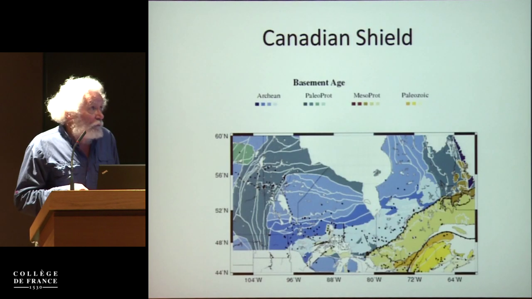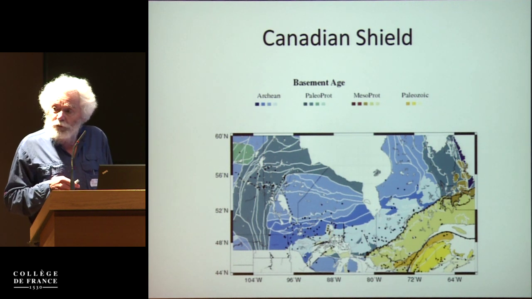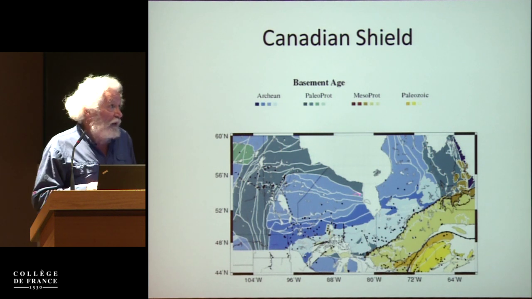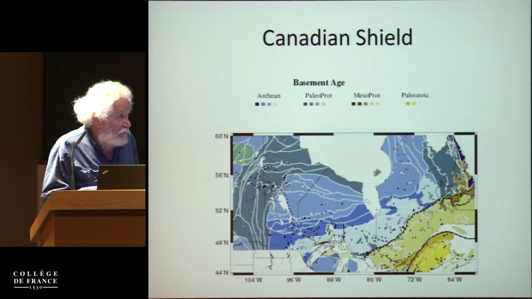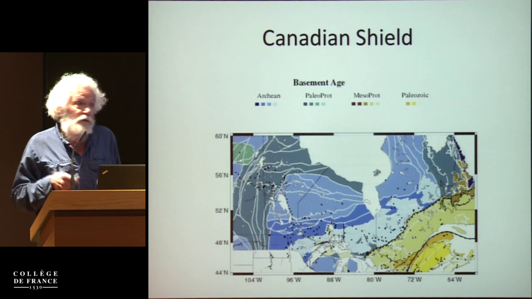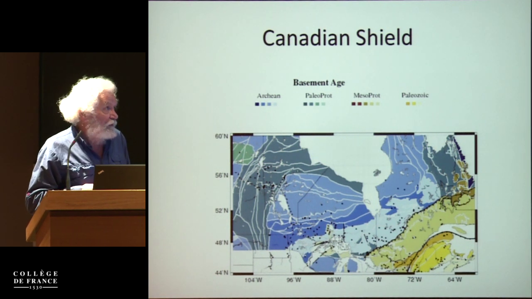Very briefly, to give you an overview of the architecture of the Canadian Shield. The Canadian Shield is made up of Archean cratons. This here is the Superior craton, with different belts that were amalgamated at 2.5 billion years.